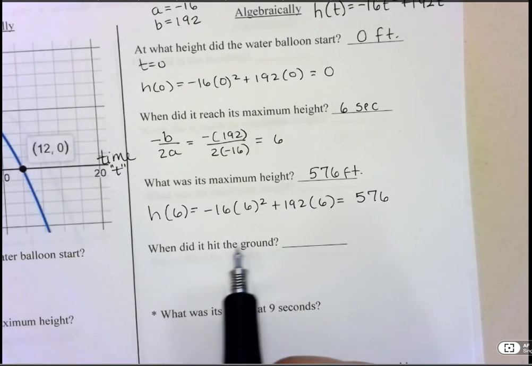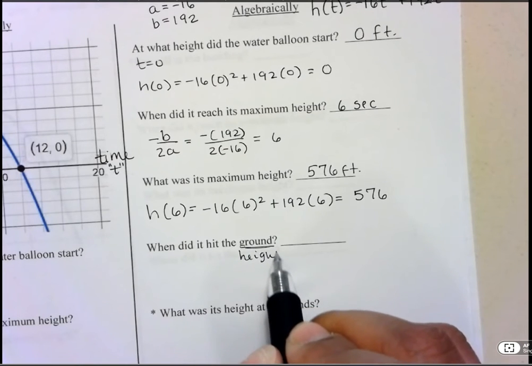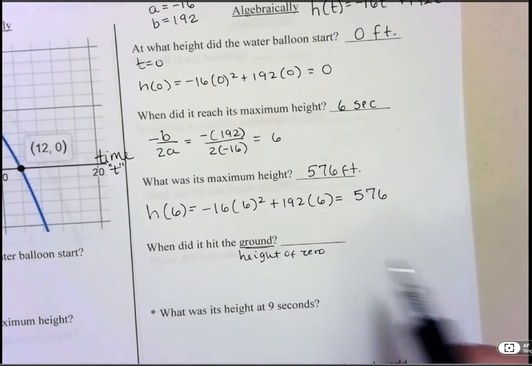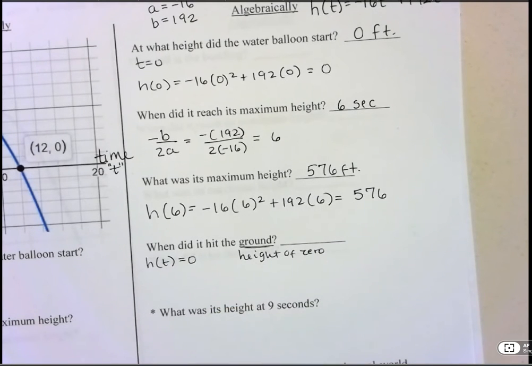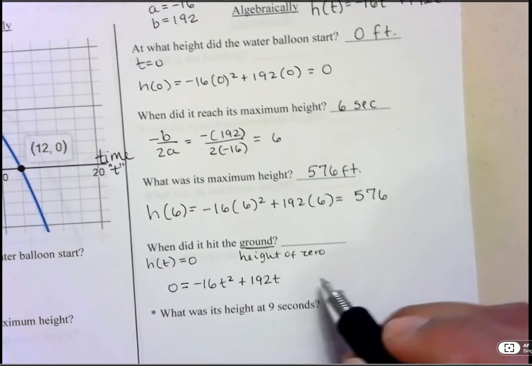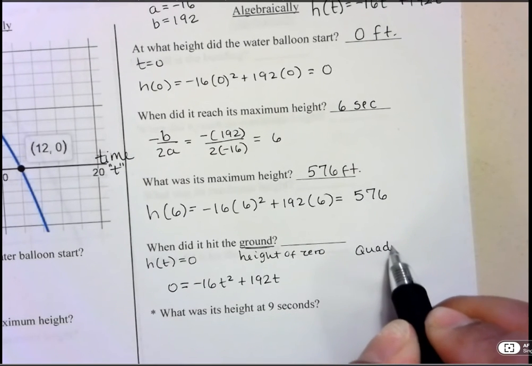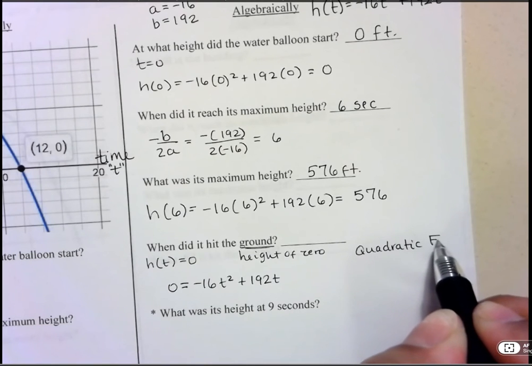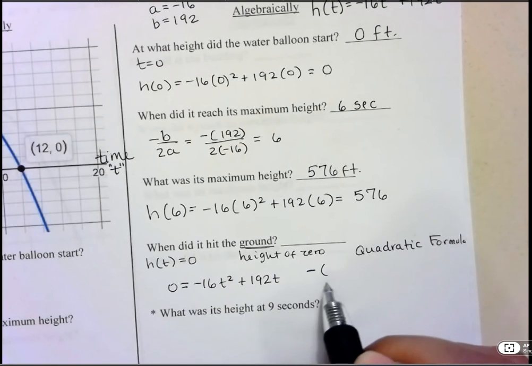When does the water balloon hit the ground? The ground is considered to have a height of 0 in this problem, right? So we know that h of t equals 0. You're basically setting the function equal to 0. 0 equals negative 16t squared plus 192t. At this point, I think it might be best if you use the quadratic formula. So it's going to be negative b.